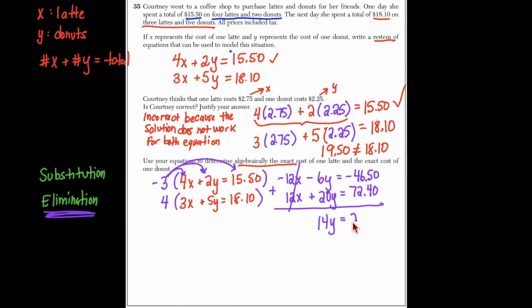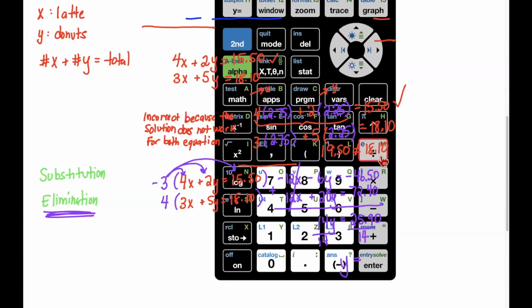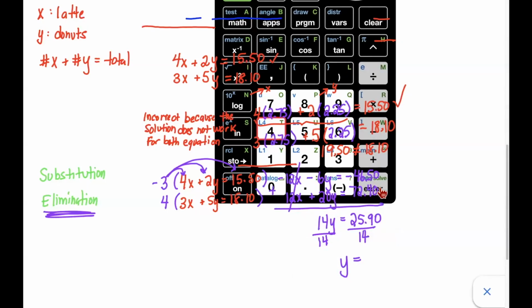Almost there. Now, my last step here is to simply divide out that coefficient, and I get y is equal to 2590 divided by 14. So I got 2590 divided by 14.